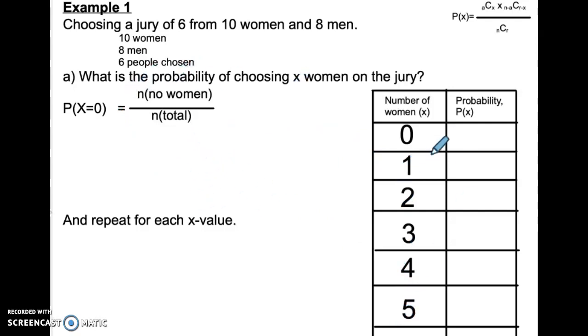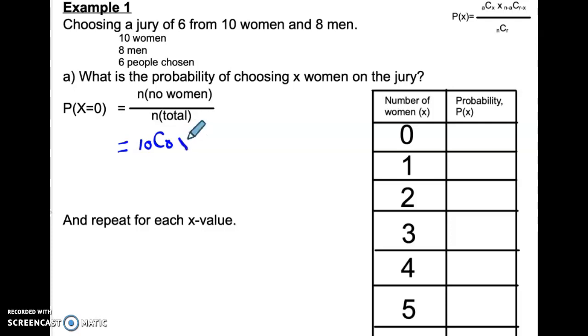The first one would be, what's the probability of choosing 0 women? That would be the number of no-women committees over the number of total committees that are possible. So if we want no women, there are 10 possible women, and we are going to choose none of them.